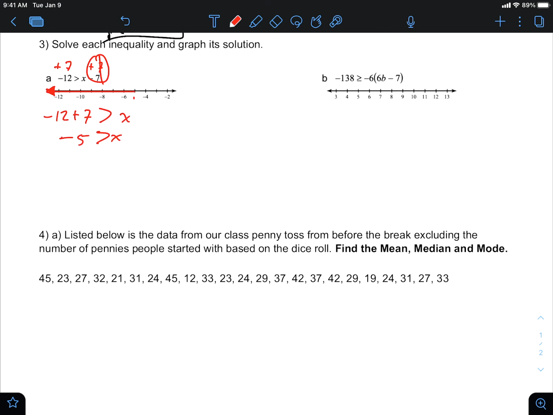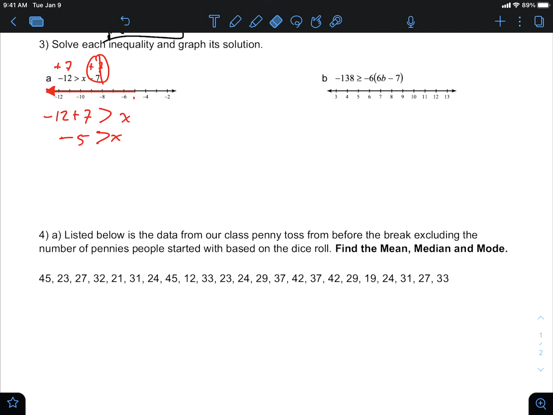What's the other thing I'm missing? Kenneth? The circle. What kind of circle is it? Colored in or open? Hollow. It's a hollow circle. Yes, Elizabeth? It's just an open one, right? So it's all numbers less than negative 5. I keep saying that. It does not include negative 5 because there's no equal sign.